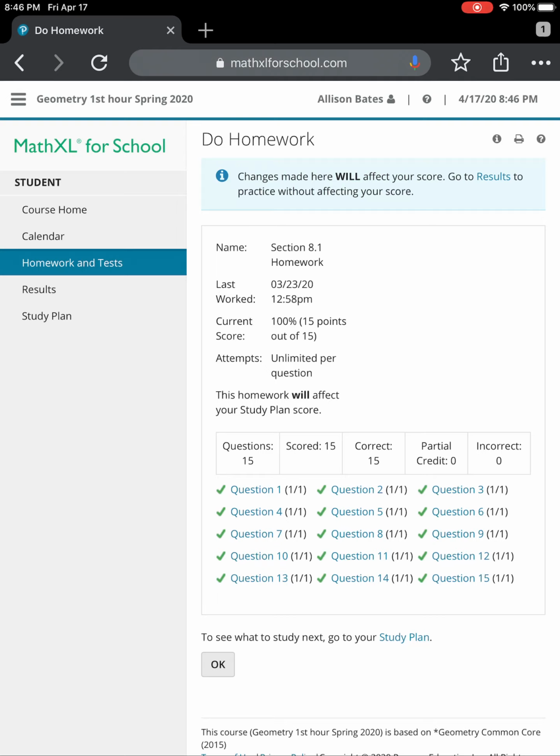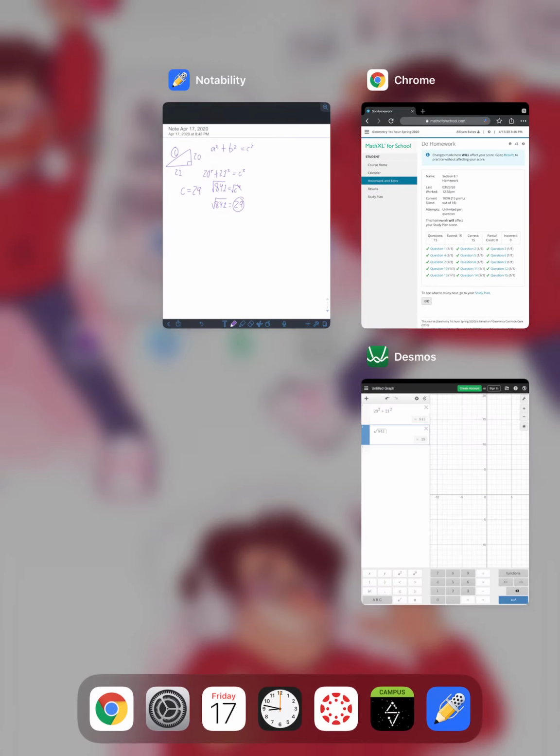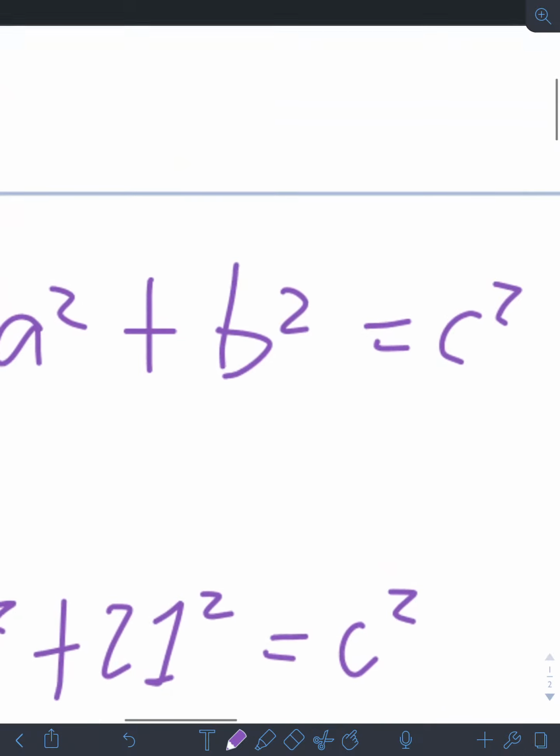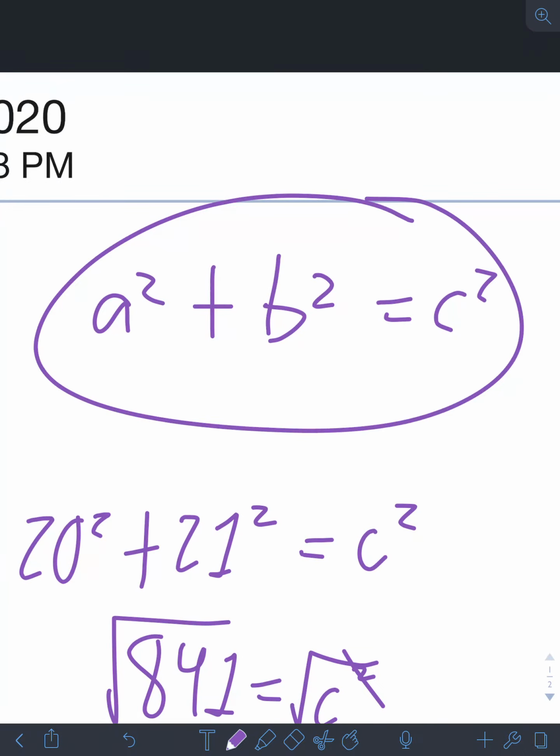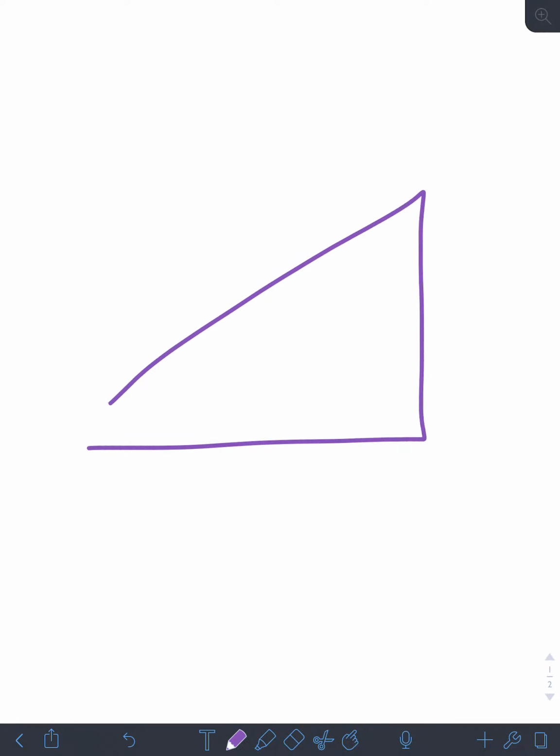For solving sides other than the hypotenuse, it's basically the same thing, except you just fill out, okay, I'm terrible at explaining. So basically, you just fill out this part of the equation for a triangle that you don't know. Okay, it's a terrible triangle.